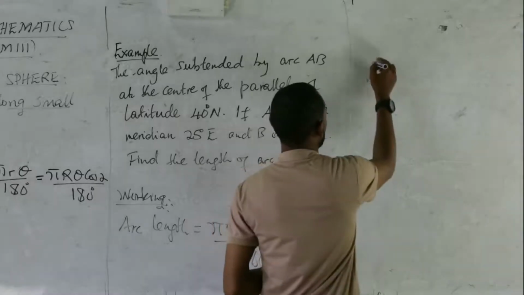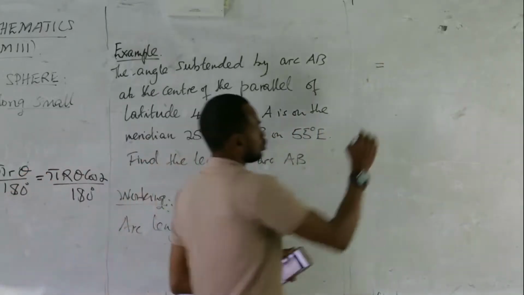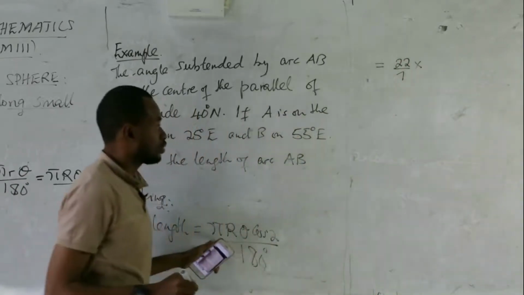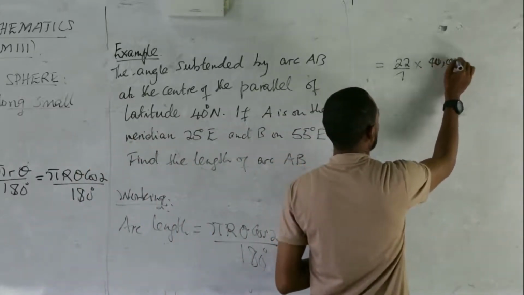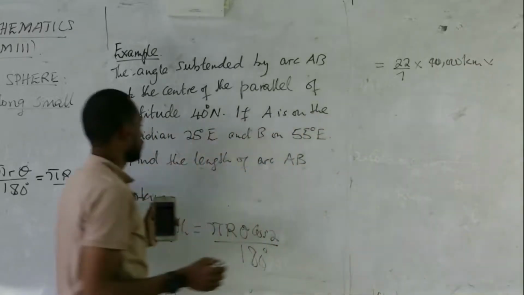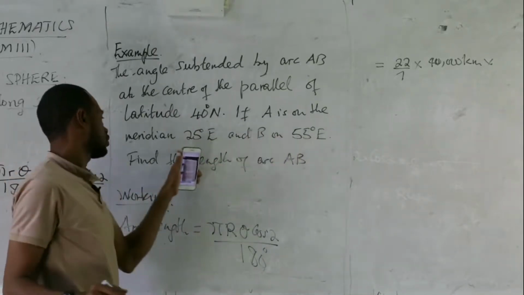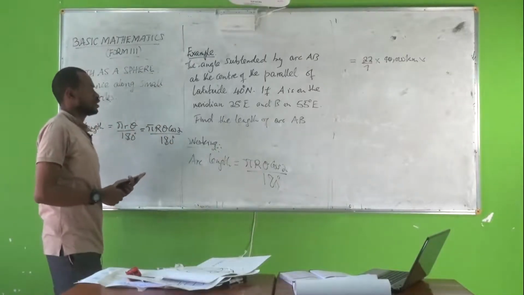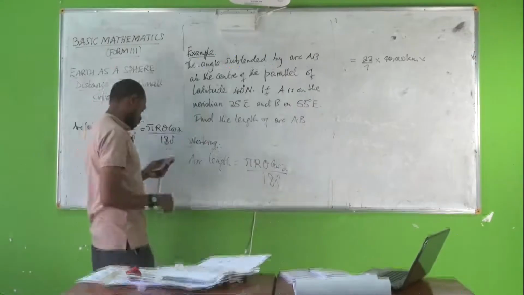So this is equal to pi, which is 22/7, times R, we know the radius of the Earth, which is 40,000 kilometers, times theta. We check if they are in the same direction: both are east, 25 degrees east and 55 degrees east.